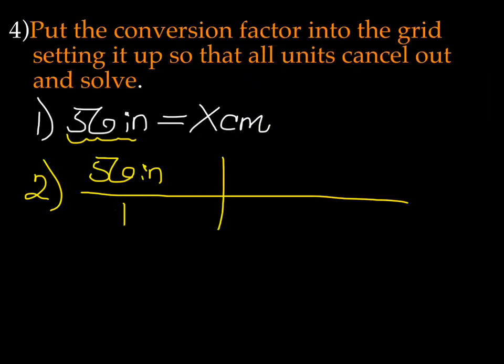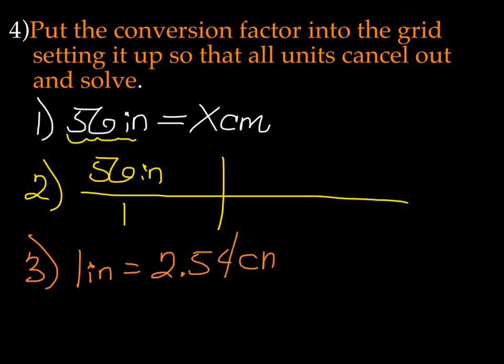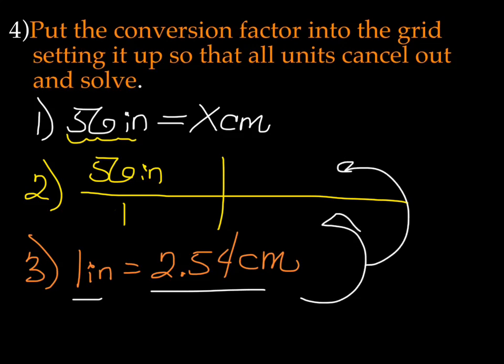All right, so we're on to step 4, which is to put the conversion factor into the grid, setting it up so all units cancel out, and then solve. So let me jot down that conversion factor from step 3 that we picked. And we picked 1 inch equals 2.54 centimeters. All right, so what we need to do now is take this number and unit and this number and unit, and it needs to go into these two places.